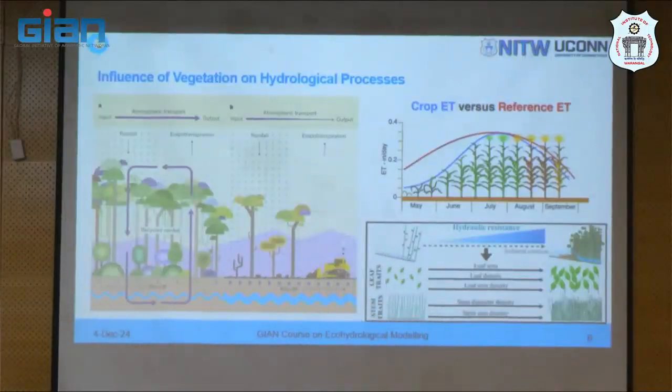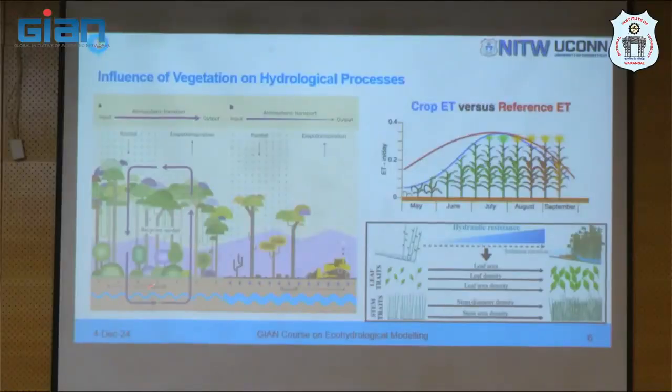If you see the first image here, we have two components, or two different aspects. One where you have a dense vegetation cover, let us say a forest, and second, a less dense vegetation cover with mostly open land with some anthropogenic or human activities taking place.